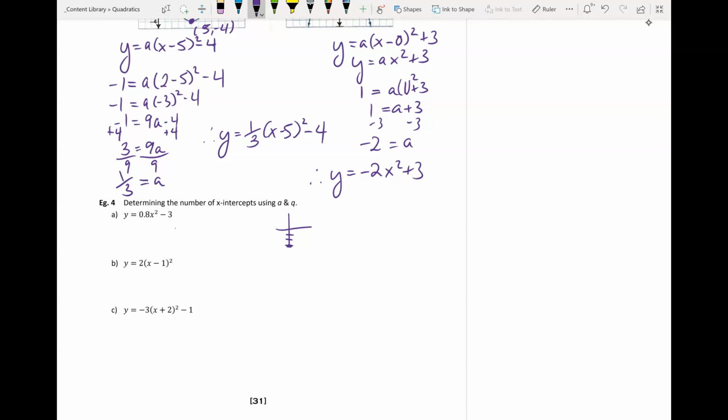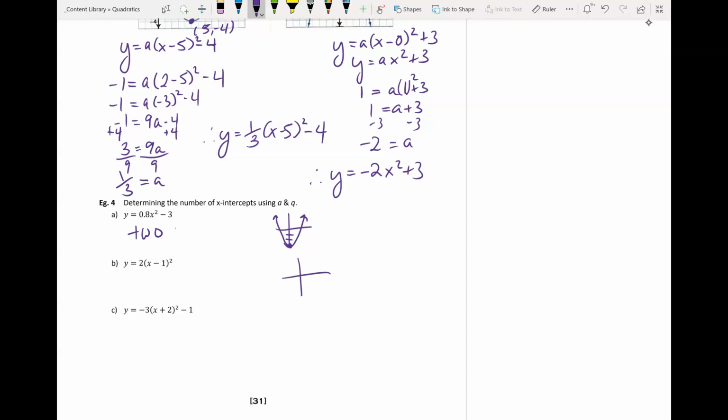We can just say it's this one, because we know the x value is 0, so this would be your vertex. Then we know that the arms are going to face up because we have a positive number in front of our x squared. So according to this rough sketch, we are going to have 2 x-intercepts.